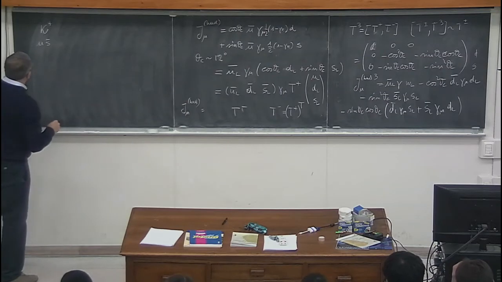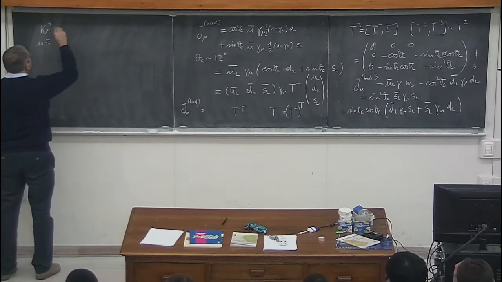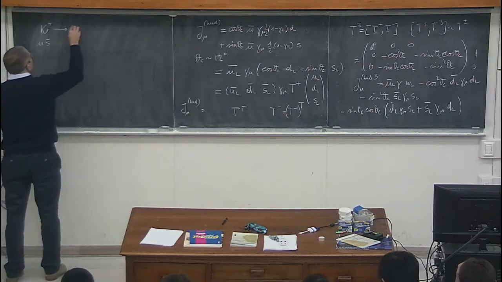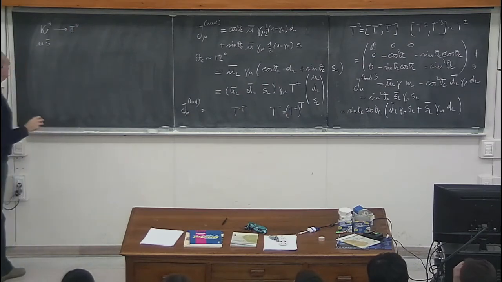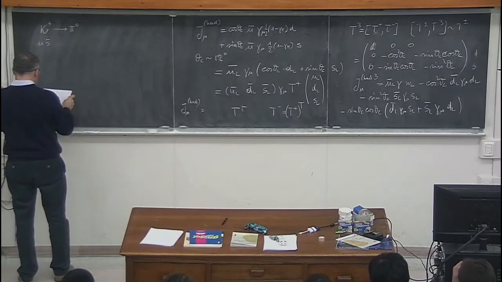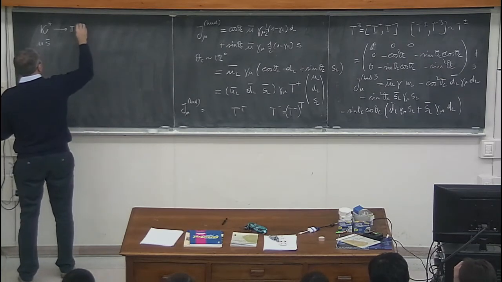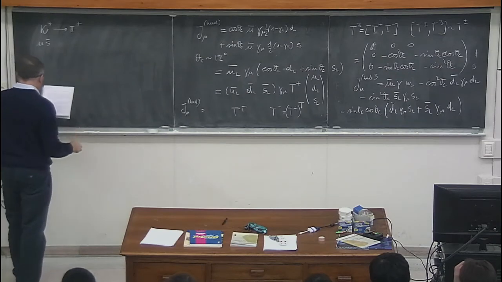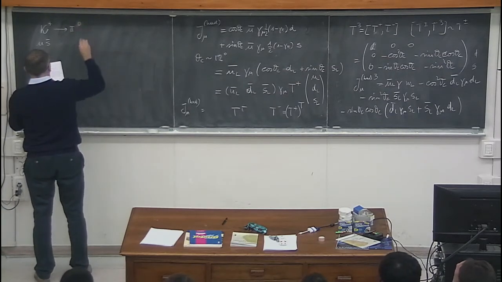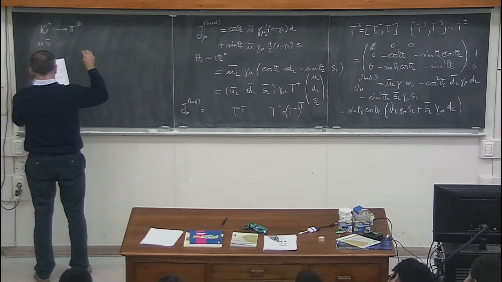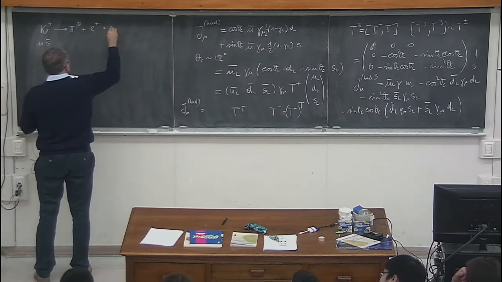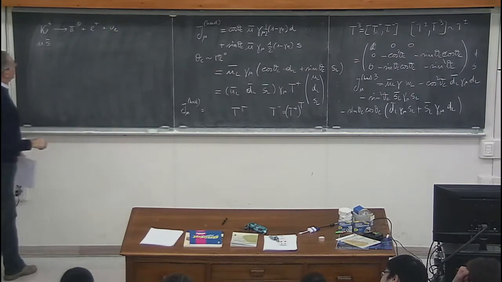And among the decay modes of the K plus, there is a beta decay. The K plus can decay into a neutral pion, e plus, an electron neutrino.